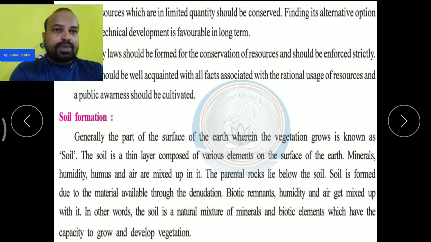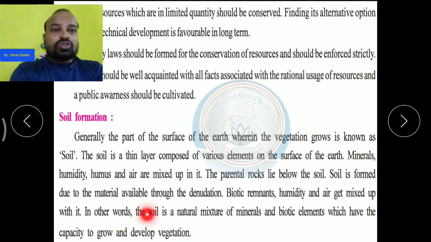Biotic remains means the living elements like plants, flowers, seeds, and animal remains or bodies. These biotic remains also play a role in forming soil, and humidity and air also get mixed up.